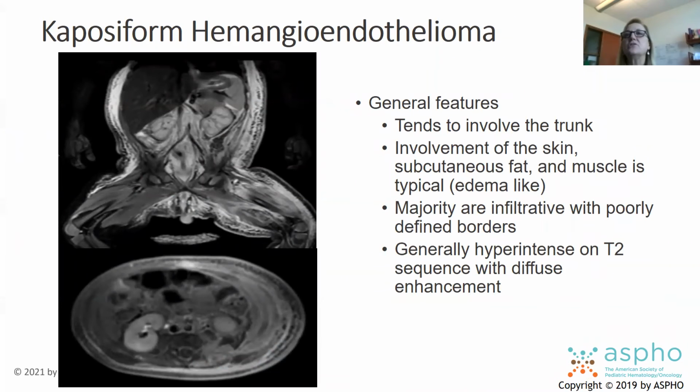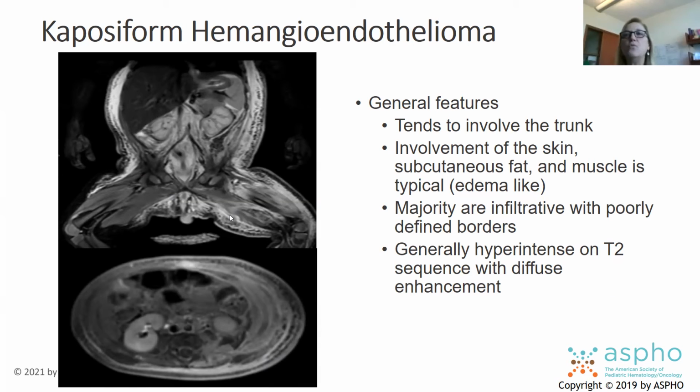So what do these look like on imaging? Well, I told you that they cross tissue planes. So MRIs are the imaging of choice to get for these patients. Sometimes they can look like a pedunculated tumor, but they always have what looks like edema or stranding on the outside of these tumors. This is a typical characteristic look of these tumors.